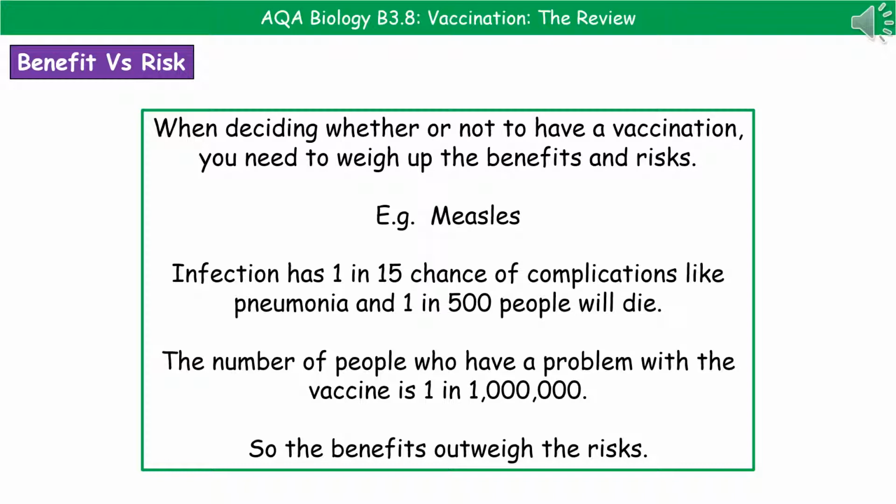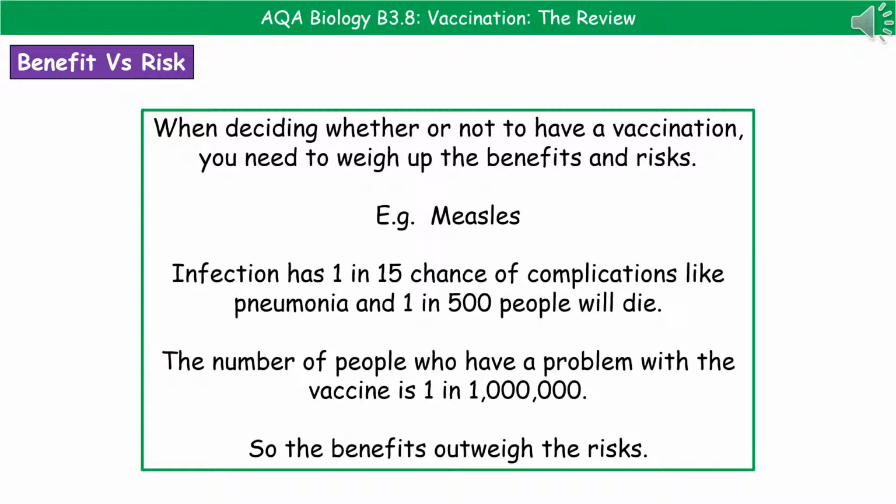When it comes to making the decision as to whether or not to have a vaccination, you need to go through this process of weighing up the benefits and the risks. If we consider measles again, which has a lot of controversy around it as a result of that bad science but is a very common disease as well, then if you get infected with measles, there's a 1 in 15 chance that you'll develop some kind of complication.